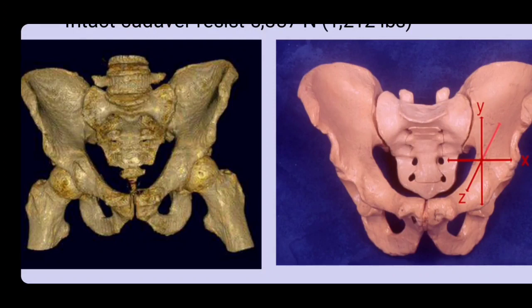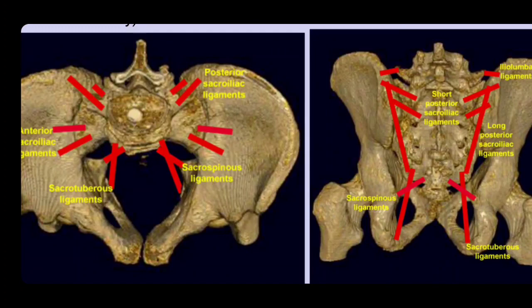Now let's talk about the ligaments, and they are responsible for pelvic stability. If we look at the pelvic specimen from the anterior side, we will see the ligaments that are forming anterior ligament complex. These are anterior sacroiliac ligaments, sacrotuberous ligaments, sacrospinous ligaments.